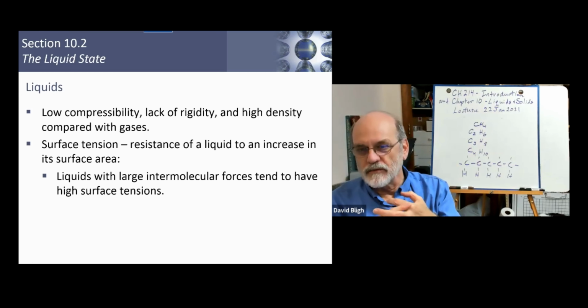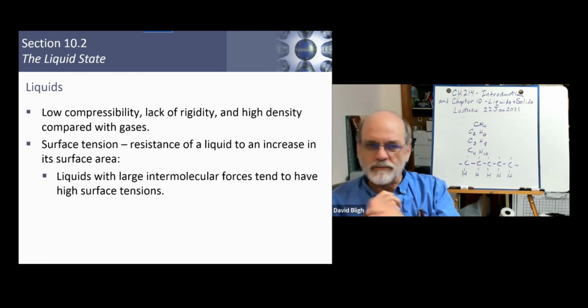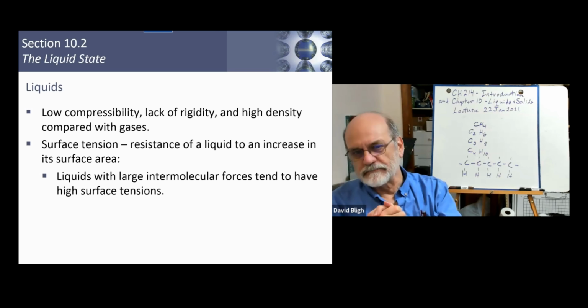Now we know from measurements that have been made of water at extreme depth, like two, three, four miles deep, we do find that the density of water deep down, even though it's liquid, is still higher than it is at the surface. So they do have some compressibility, but it takes a lot of pressure. So typically they have low compressibility.